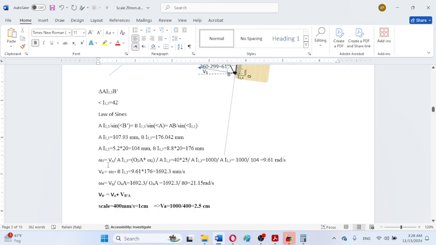In a similar manner, as we can observe that VB dash is 1692, so that can also be calculated here. Copy and paste.